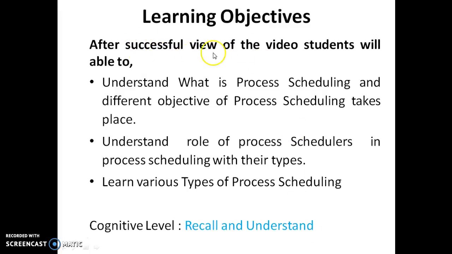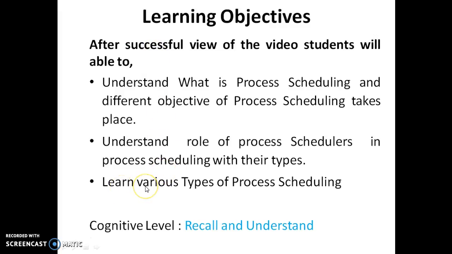So let's begin with the learning objectives of this video session. After successfully viewing this video, students will be able to understand what process scheduling is and the different objectives of process scheduling. Then we are going to see the role of process schedulers in process scheduling with their various types.